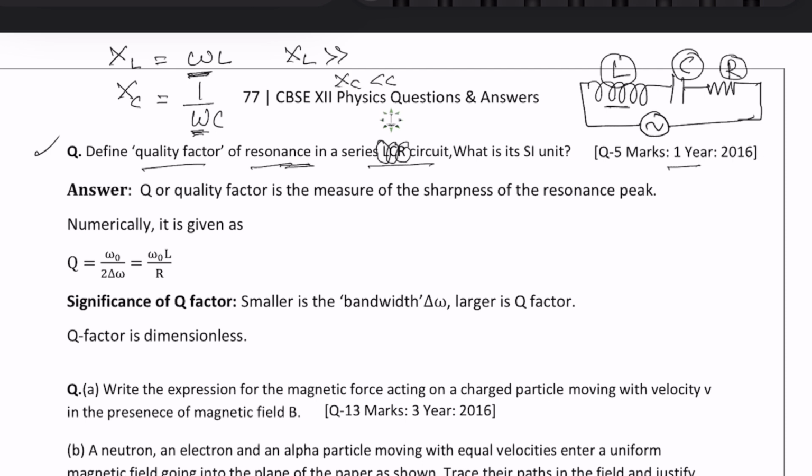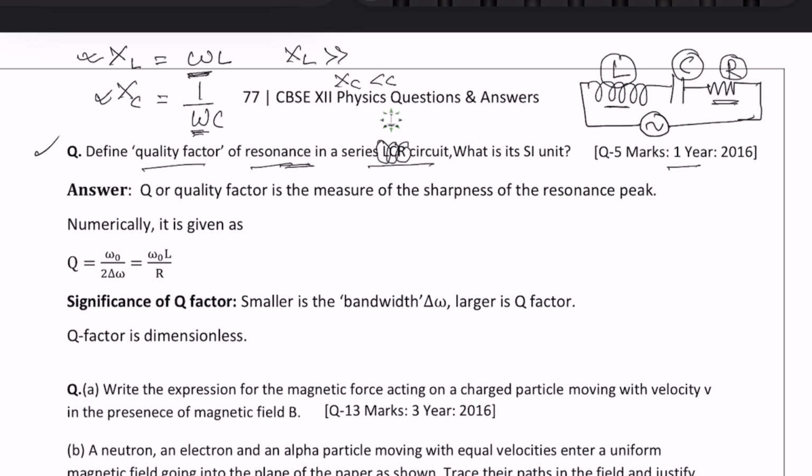So the capacitor offers less resistance to high frequency, whereas inductance offers high resistance to high frequency. Correct. So if we adjust the frequency in such a way that these cancel out, then the only resistance left is this ohmic resistance.